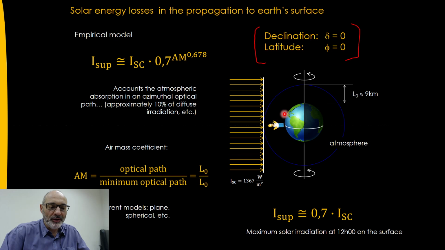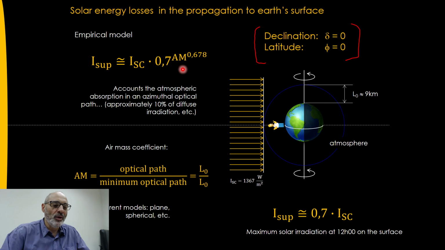When you're not on the equator, when the optical path is greater, you correct the 70% like this. AM stands for air mass coefficient, which is defined as the local optical path divided by the minimum optical path. In this particular case, the actual optical path is equal to the minimum optical path.